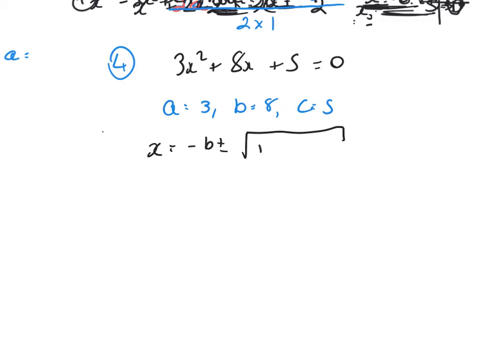Minus b plus or minus the square root of b squared minus 4ac, all divided by 2a.